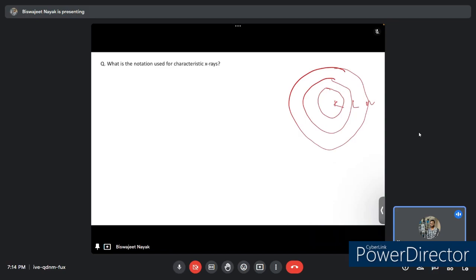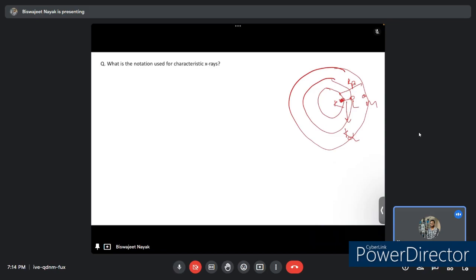If the transition of the electron is from L to K shell, then it is denoted as K alpha line, and if the transition is from M to K, then it is called K beta line. Since the energy difference between K and M is larger than between K and L, this K beta is of higher energy than K alpha.